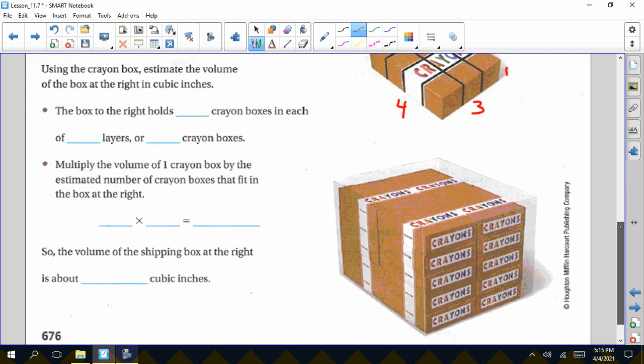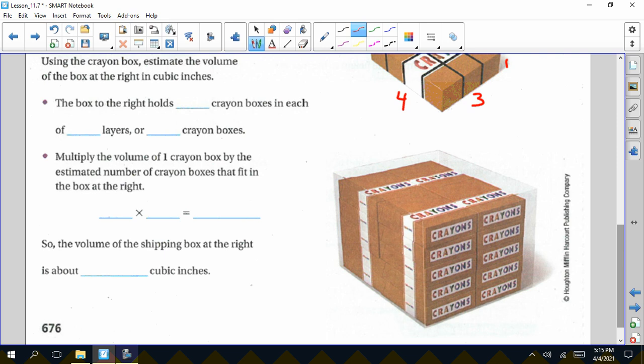Then we look at the larger crayon box that has multiple smaller boxes inside of it. The box to the right holds how many crayon boxes in each of its layers? Well, we have 4 crayon boxes in each layer: 1, 2, 3, and 4. So it holds 4 crayon boxes in how many layers?